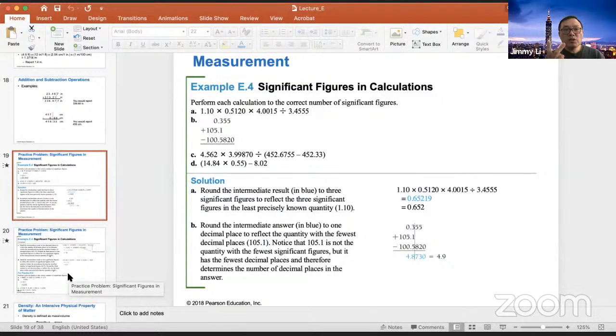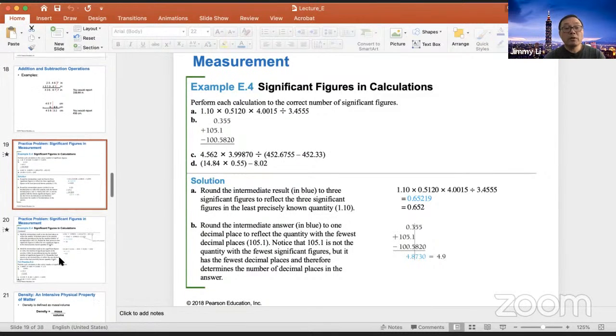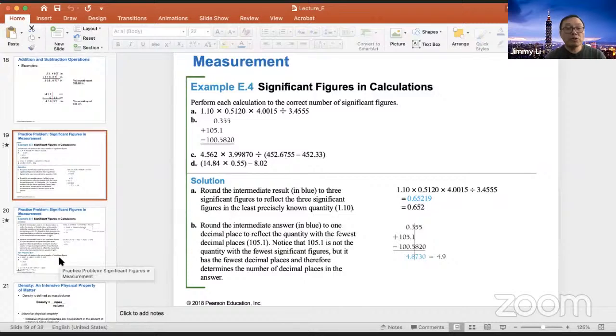Again, 2 suggestions here. Number 1, do not do a rounding off intermediate step. Do the final rounding off at the end here. Number 2, whenever you continue your operation here, make sure you carry a little bit more digits than what you need to. But every time you carry more digits, make sure you remind yourself where you are in that operation. So I'll leave solutions A and B to you for 30 seconds.